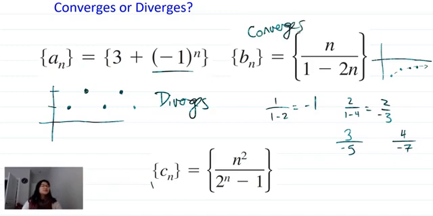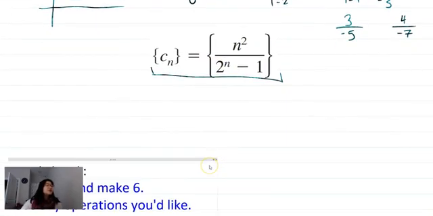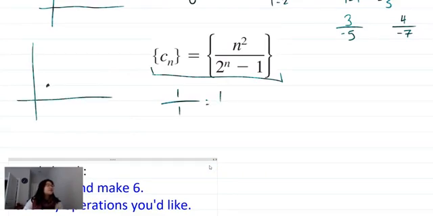And what happens to c sub n? Well, if you recall what we were plugging in, what did we have? We had 1 over 1, so there's 1. So starting at 1. Great. And then we had 2 squared, which is 4 over 3.